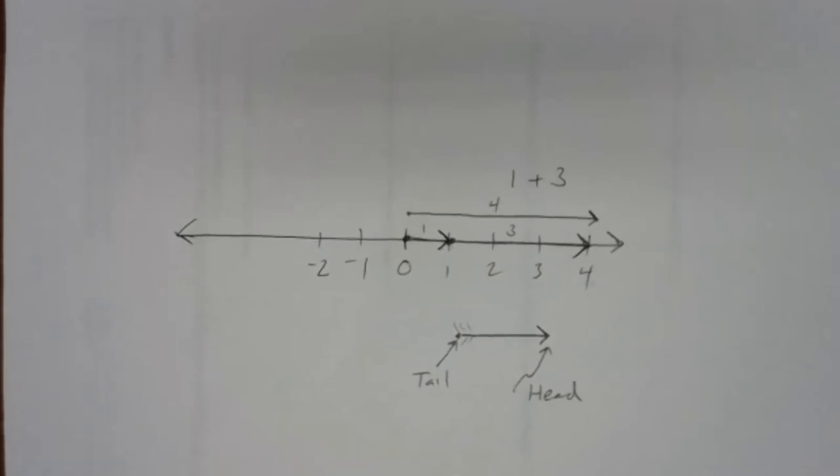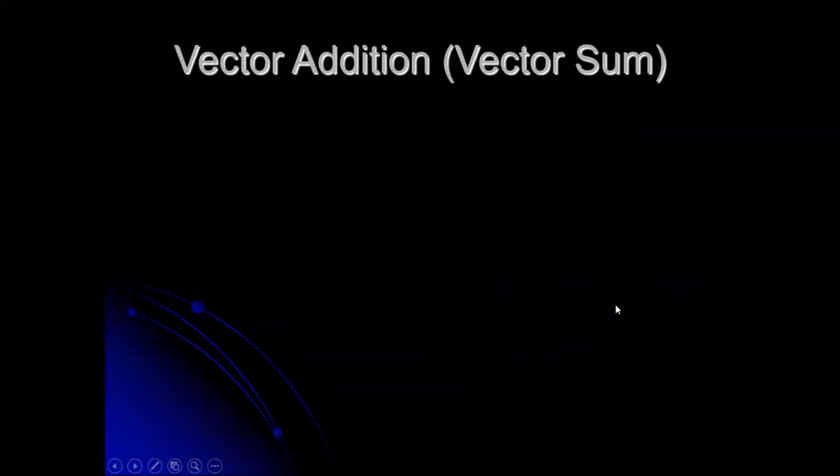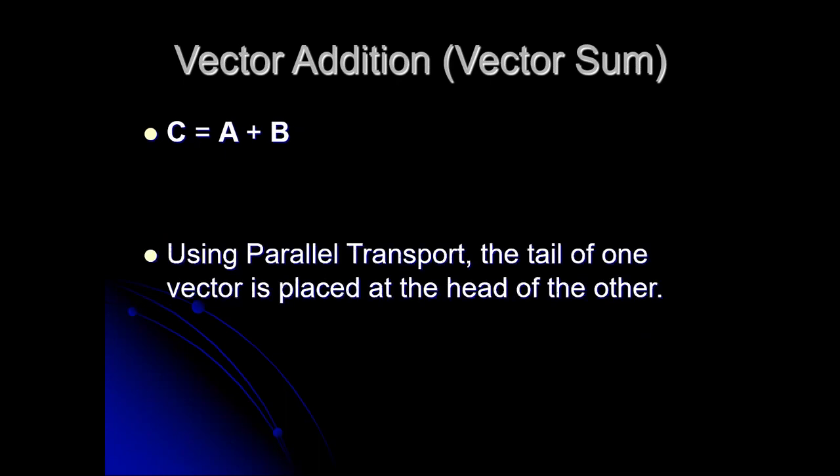So let's see how that works here. Let's go back to the screen. There we go. So the basic idea behind vector addition: we'll have two vectors, A and B, that we're going to add together, and that's going to give us our result, vector C. We use the idea of parallel transport, that we can move vectors around wherever we want, as long as we keep them parallel to their original picture.